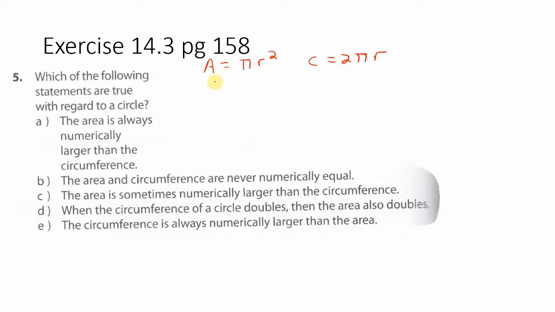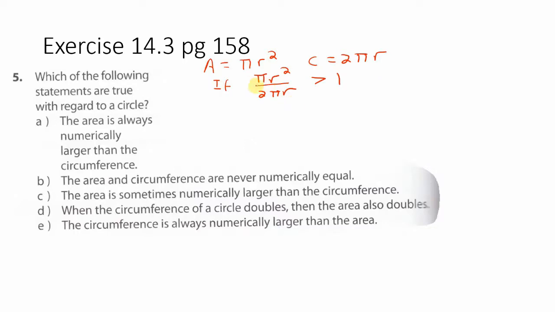So therefore, if the area of pi radius squared divided by the circumference of 2 pi radius is greater than 1, then in fact the area will be larger than the circumference.